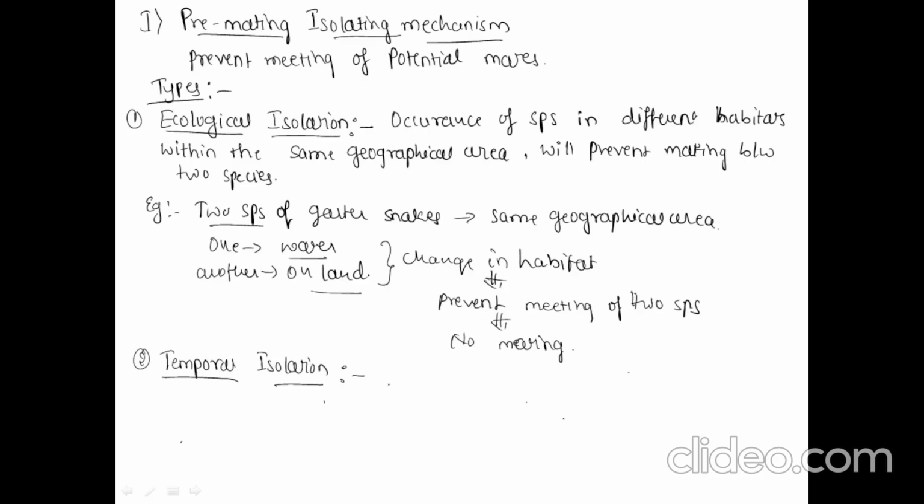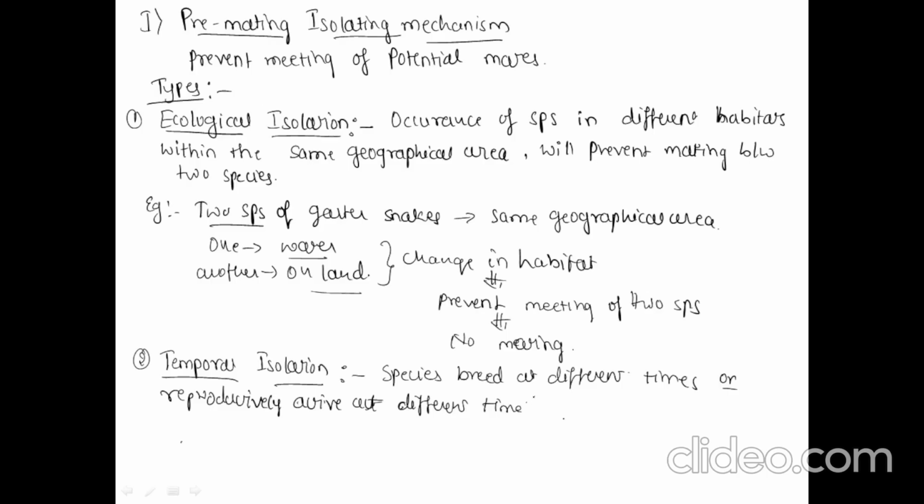This is the isolating mechanism caused when species breed at different times or are reproductively active at a different time or season.